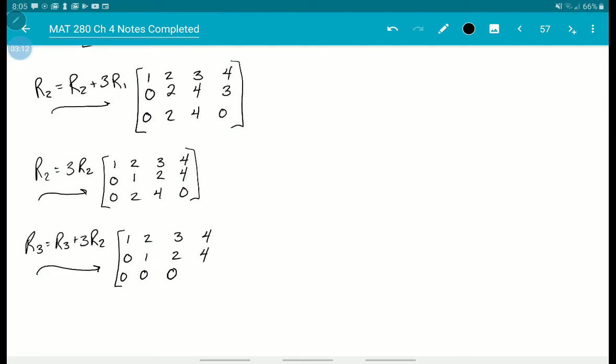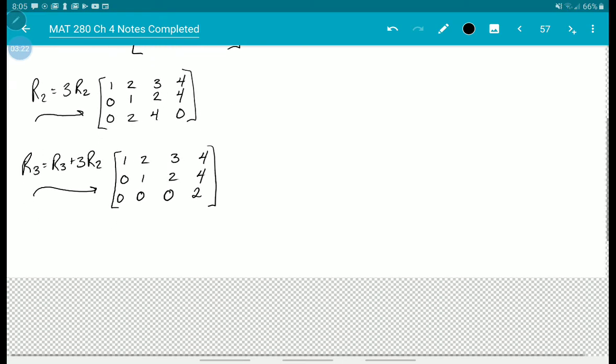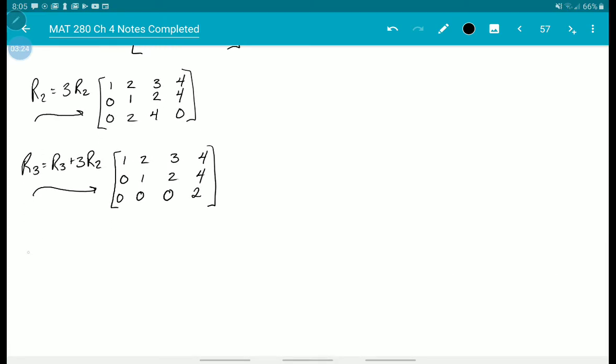And 0 plus 12 is 2. So now we need a 1 here. So row 3 is going to be 3 times row 3.